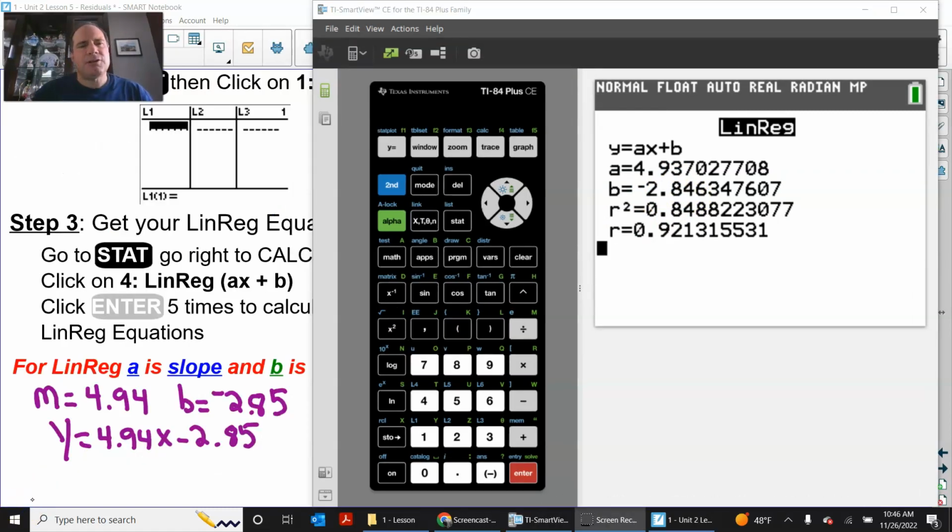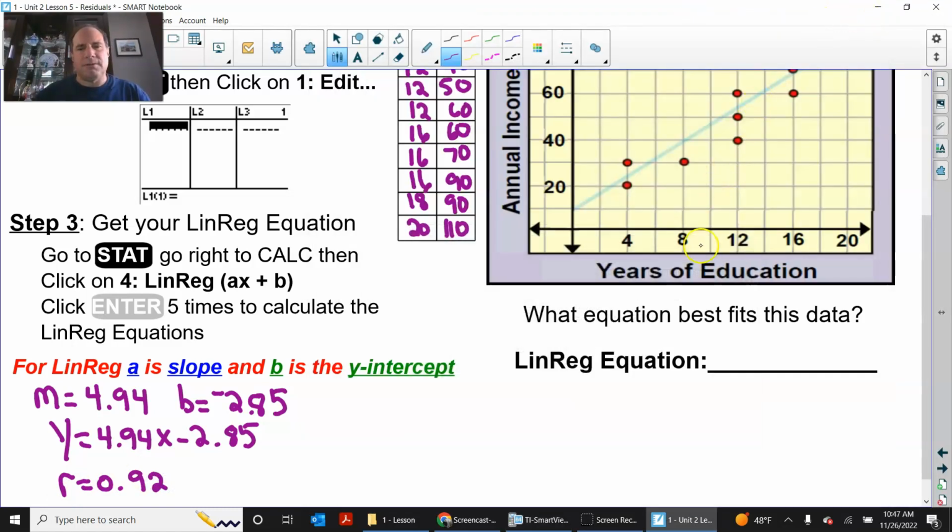So the linear regression equation is y equals 4.94, rounding to the nearest hundredth, and minus 2.85, rounded to the nearest hundredth. You can see the A and the B right here. So I'm going to put down the R. The correlation coefficient is 0.92. Even though they didn't ask me to figure out the correlation coefficient, we have to get used to doing that.